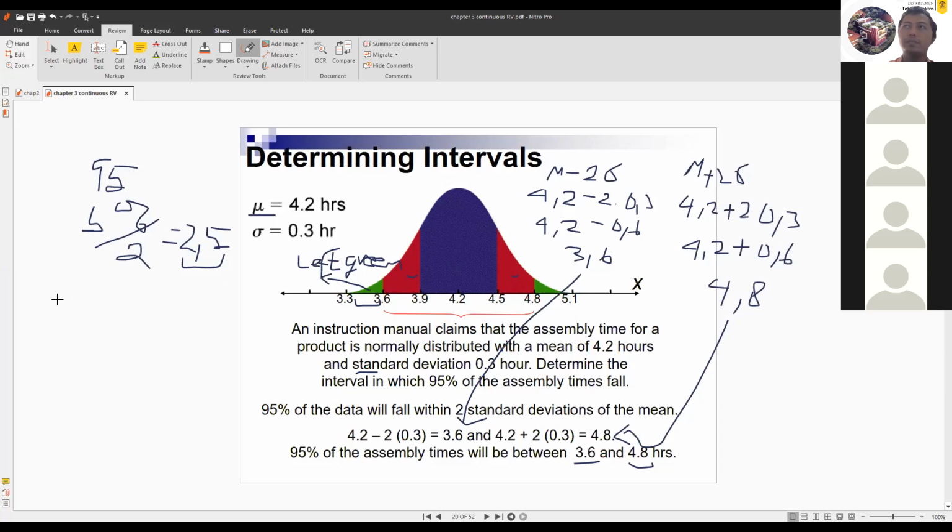So the new information from this graph is that the normal distribution has this PDF.